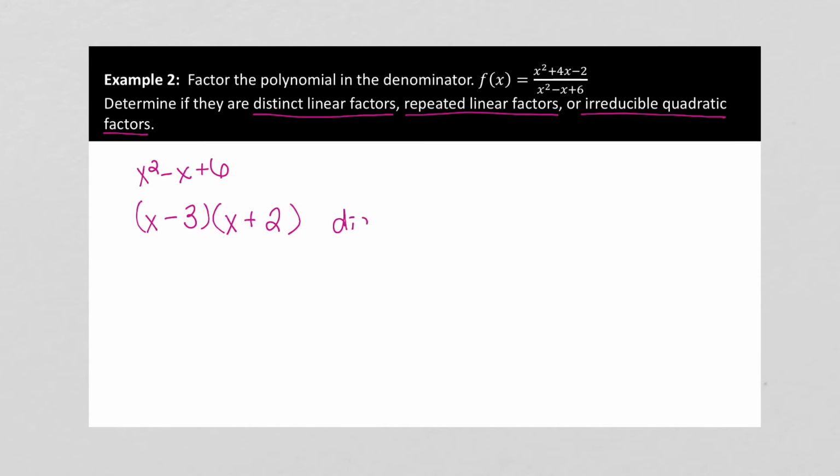So we say that they are distinct linear factors. An irreducible quadratic factor, by the way, would look something like x squared plus 1, okay? That is something that cannot be factored, and it's quadratic. That would be an irreducible quadratic factor.